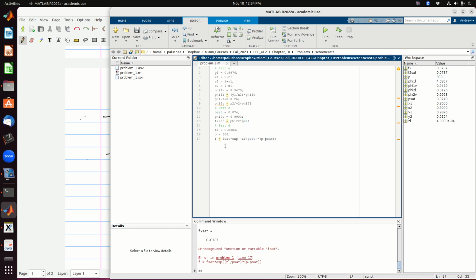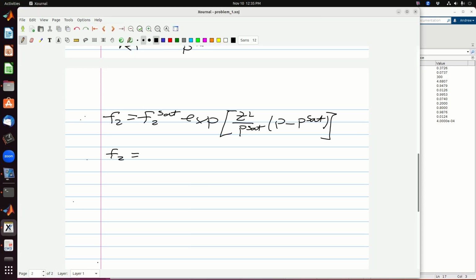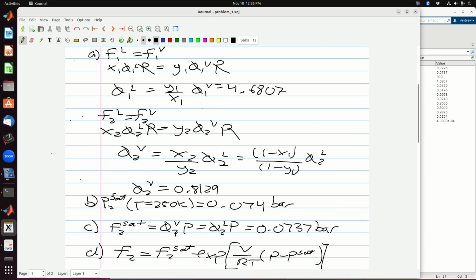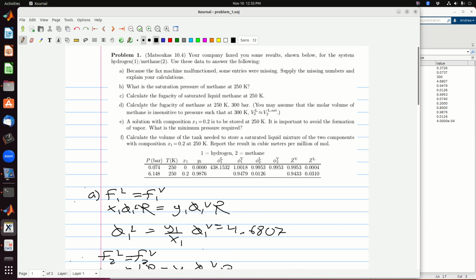Okay. I call that F2sat, F2. Okay. All right, so my fugacity is 0.3726, and the units are bar. All right, we're crushing it. All right, so that is D.